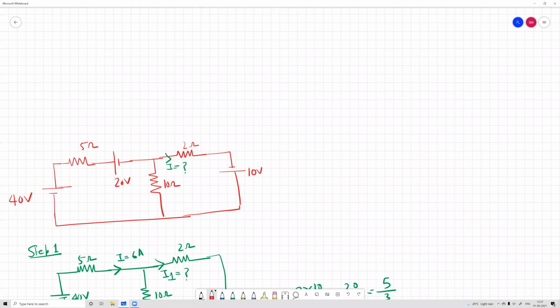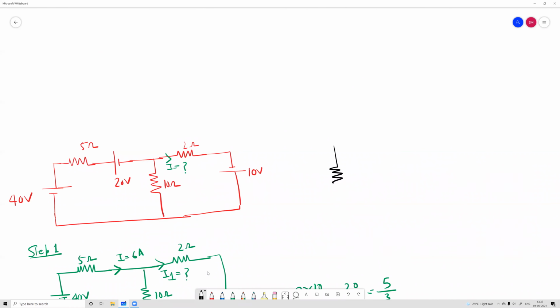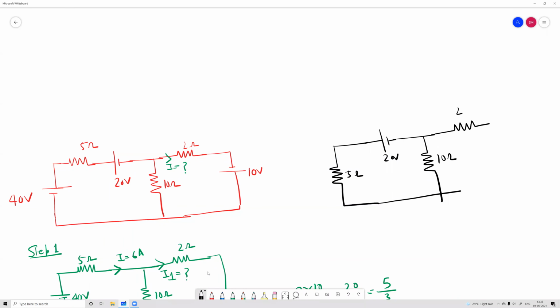Now let us take the 20 volt source and short all other sources. 5 ohms, 20 volt, 10 ohms, 2 ohms.